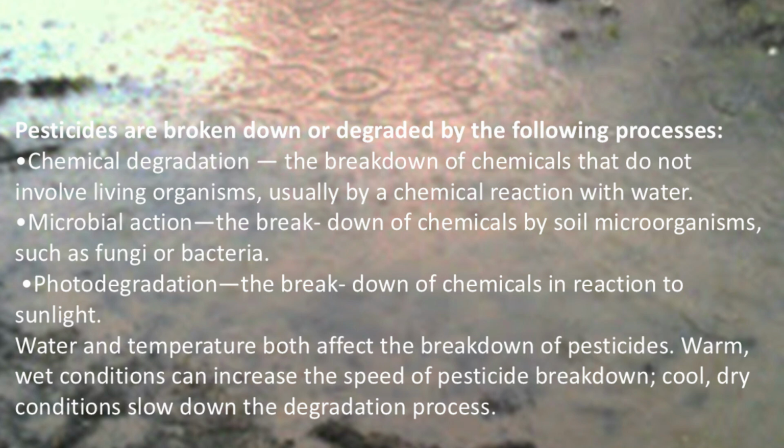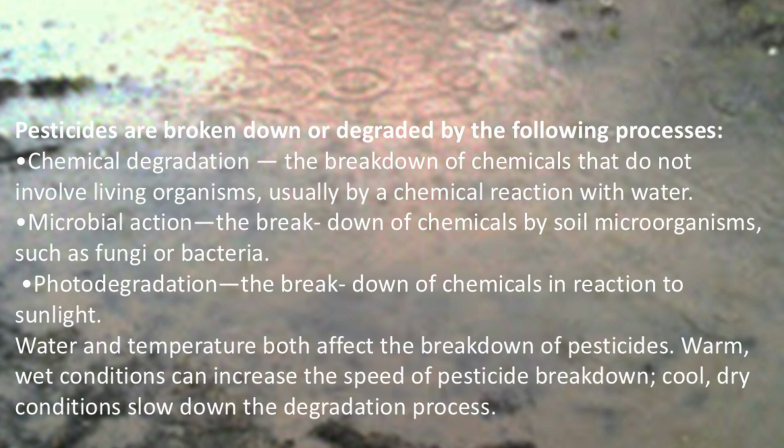Chemical degradation: the breakdown of chemicals that do not involve living organisms, usually by a chemical reaction with water. Microbial action: the breakdown of chemicals by soil microorganisms, such as fungi or bacteria. Photodegradation: the breakdown of chemicals in reaction to sunlight.